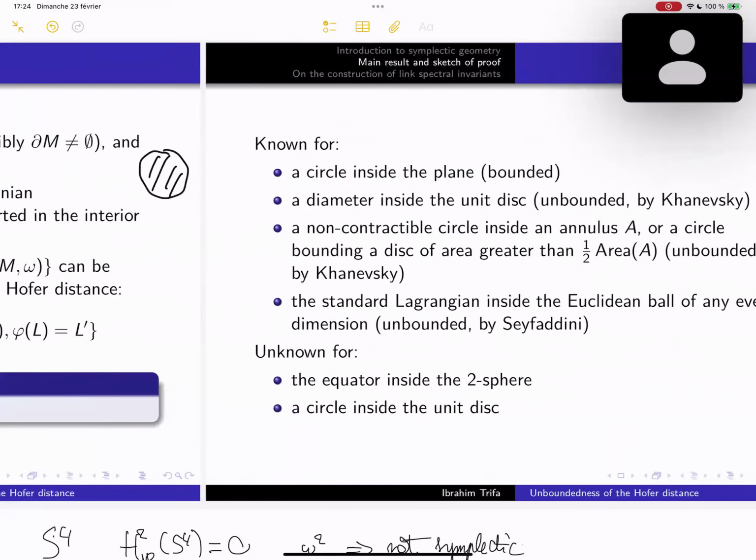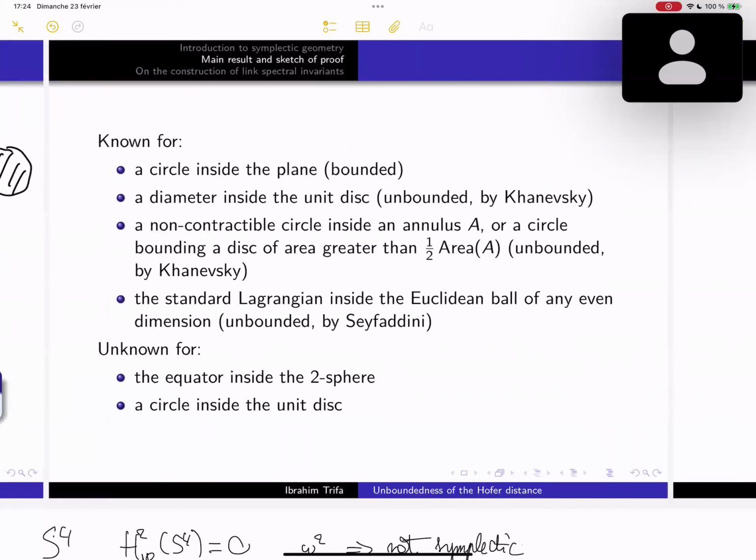There are a few cases where we can answer this question. For example, if your symplectic manifold is R2, and you look at a circle inside R2, then we know it is bounded. And this is actually an easy result that I will try to prove to you later.